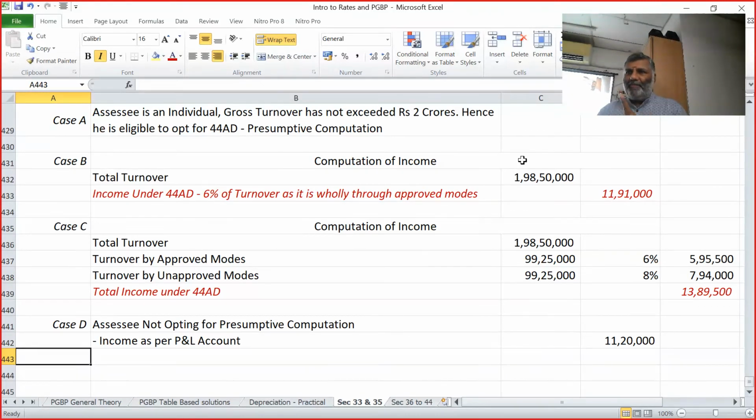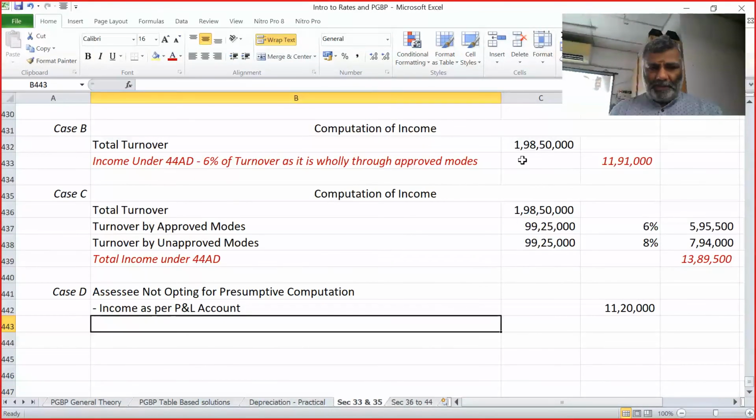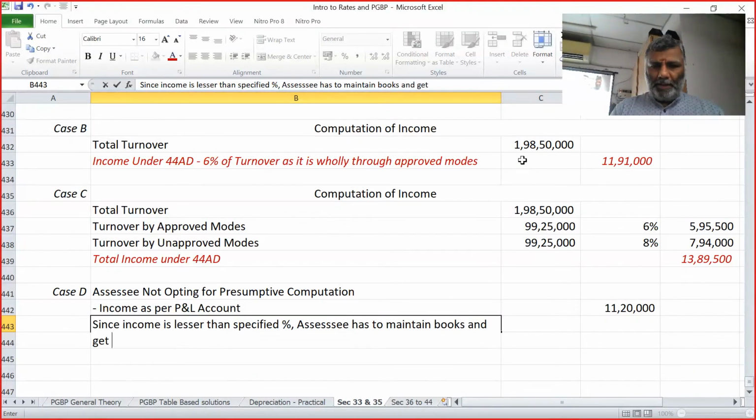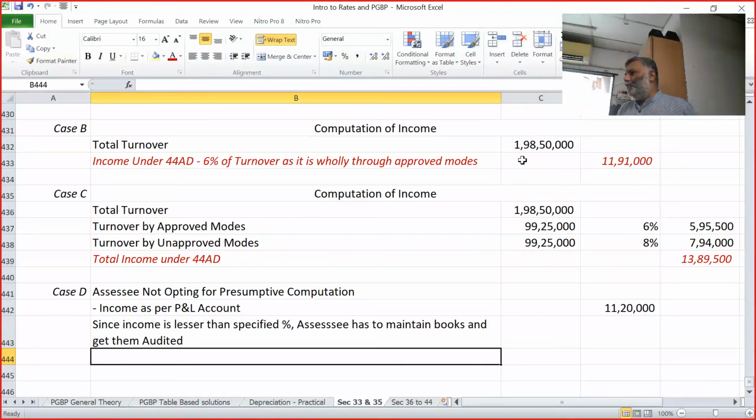Yeah, 11,91,000 is 6%. So, since the income is lesser than the specified percentage, assessee has to maintain books and get them audited.